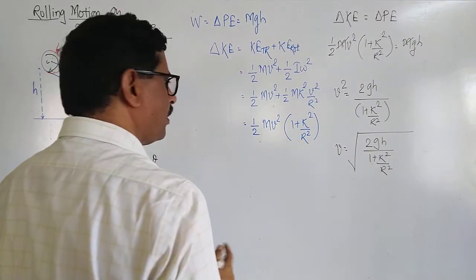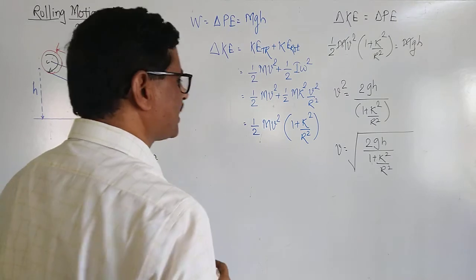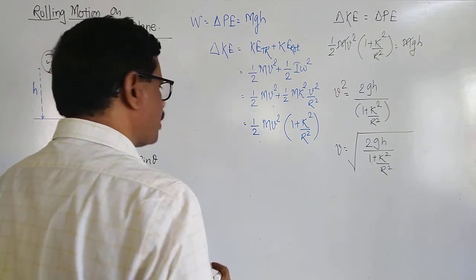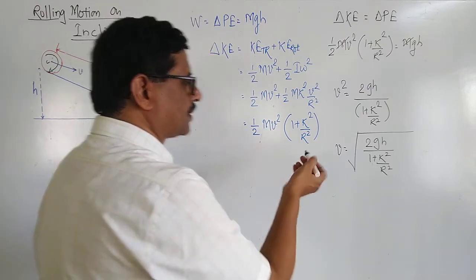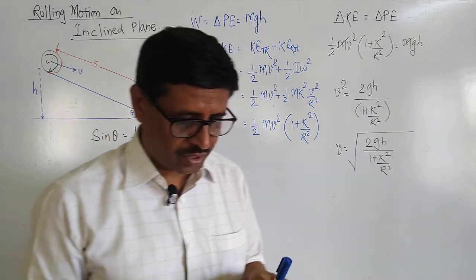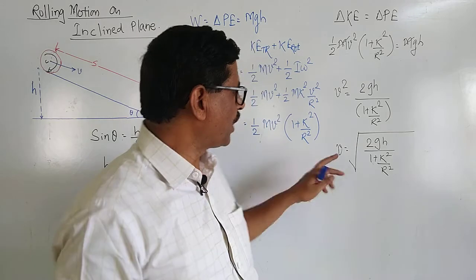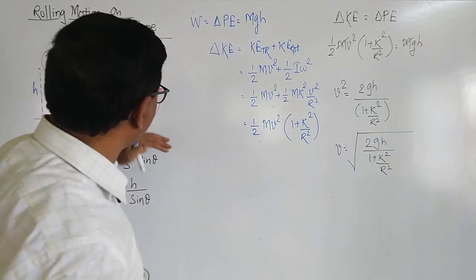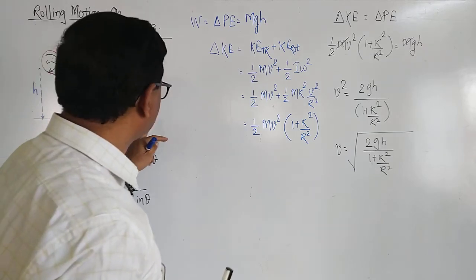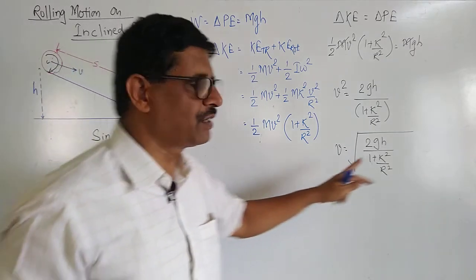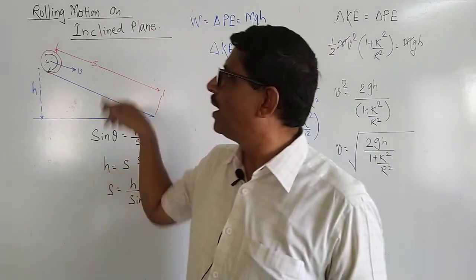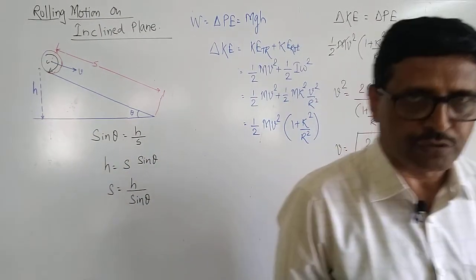But actually, what is h equal to? h is equal to s sine theta, from the geometry of the figure, and this is the expression for the velocity with which the rolling body is at the bottom when it is lifted to a height of h. This is how to determine the velocity of the rolling body.